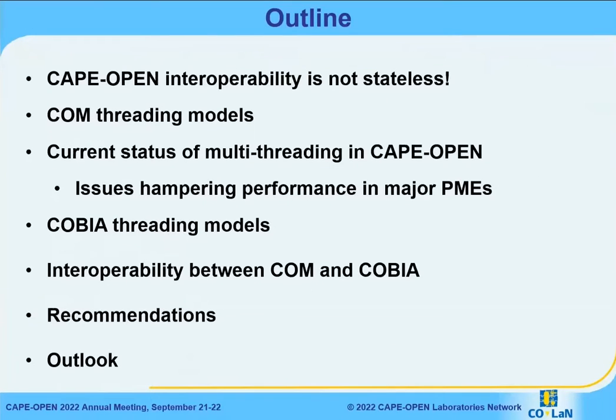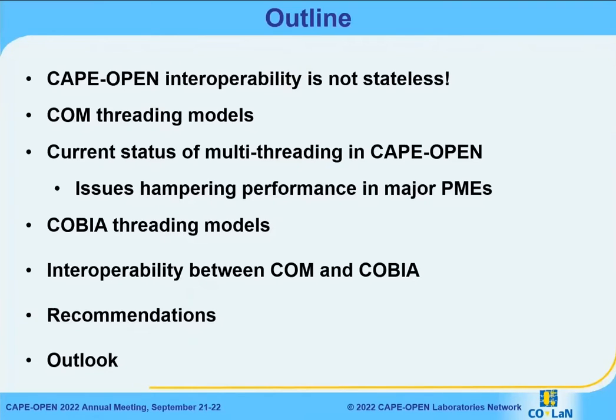So that brings me to the outline of the presentation. First, I need to demonstrate that CAPE-OPEN interoperability is not stateless, and this is important for understanding how threading has worked so far and how it should work. And I will comment on how it has worked so far in the current ecosystem of PMCs, after I do a little bit of explaining on how COM threading models work.